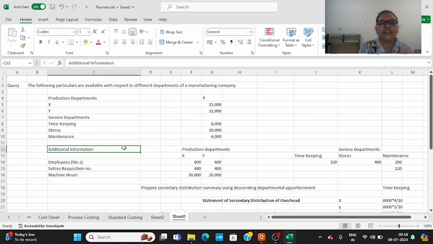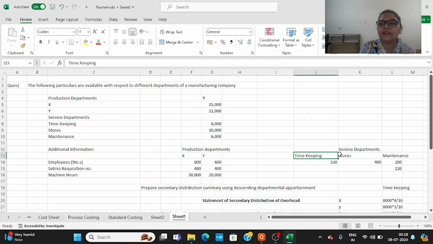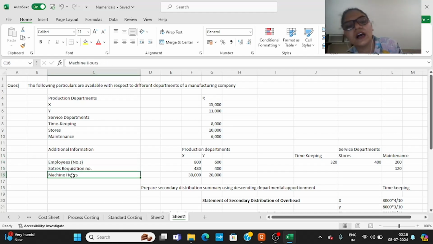Additional information is given to us: the production departments are X and Y, the service departments are timekeeping, stores and maintenance, with employee number, store requisition number and machine hours. This is the additional information given to us. We have to prepare the secondary distribution summary using descending departmental apportionment.